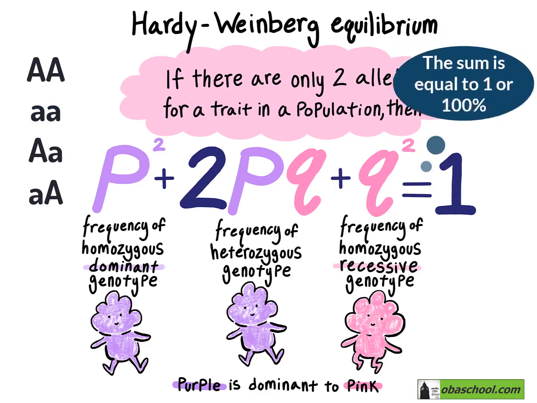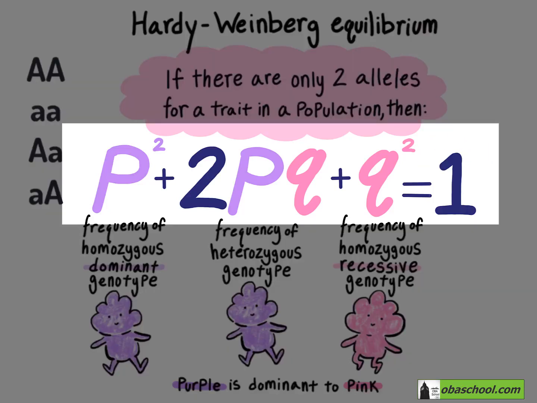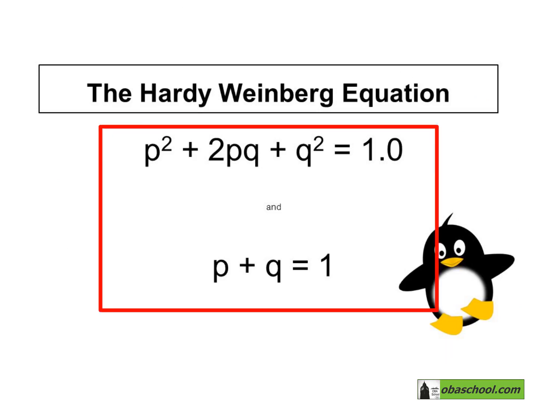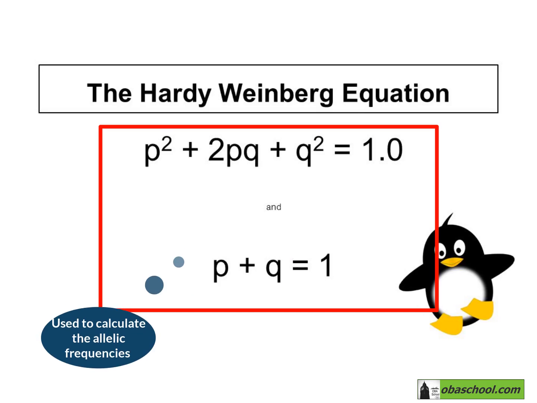And the sum of all these probabilities is equal to 1, or 100%. So the equation would be P squared plus 2PQ plus Q squared is equal to 1. And these are the equations that are used to calculate the allelic frequencies.